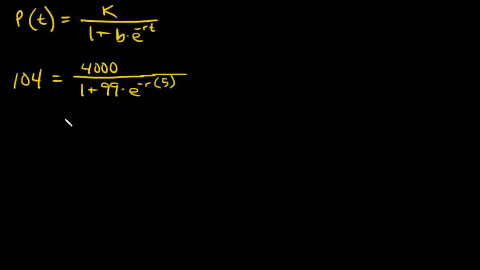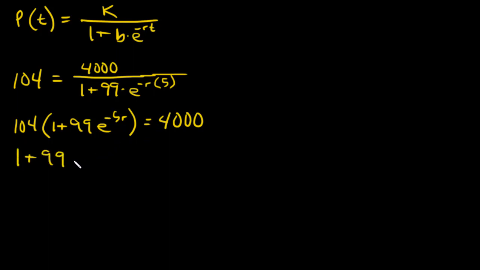So now we can solve for R. We're going to do the same process, going to cross multiply and do all of that, so I'll have 104 times 1 plus 99 e to the negative 5r is equal to 4,000. I'm going to divide both sides by 104. I'm going to wind up with 1 plus 99 times e to the negative 5r is equal to, I'm just going to go 3 decimals, 38.462.